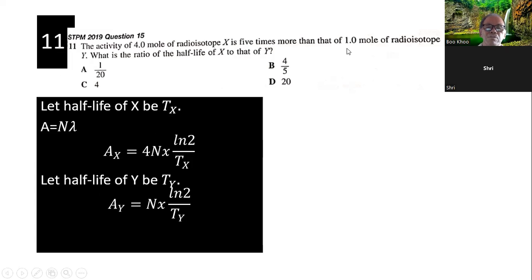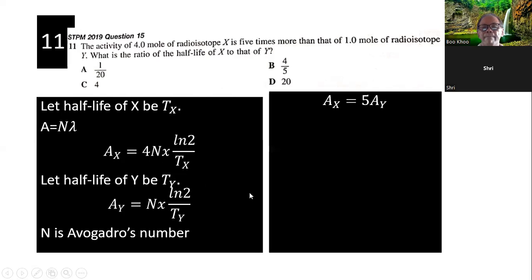Your total is 1 mole. So 1 mole times, if you want, you can change to Avogadro's number. N is the Avogadro's number. Right? That's 1 times that, ln 2 over Ty. Then after that, go and use that activity.